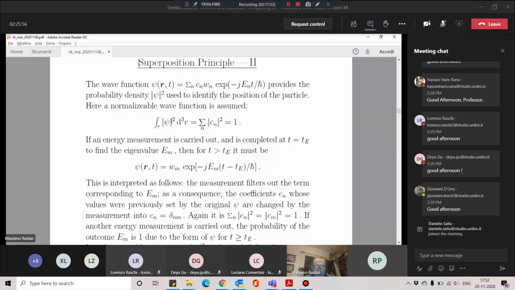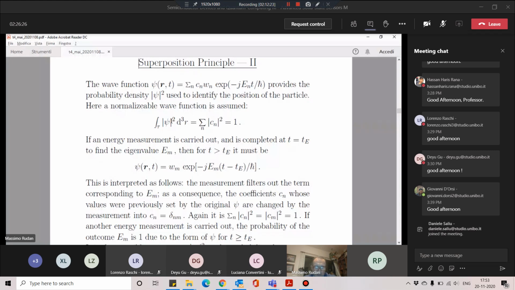And this potential energy is inside the Hamiltonian. So when we solve the Hamiltonian, we find the possible energies, okay? So we must be consistent with the force field that is present in the region of space where the particle is, okay? So the energy must be one of the eigenvalues of the equation, E sub m.